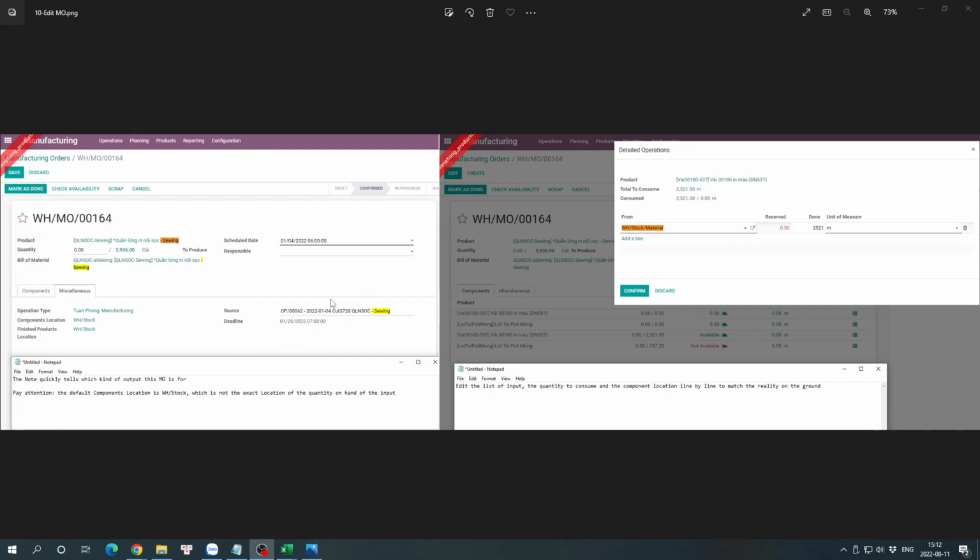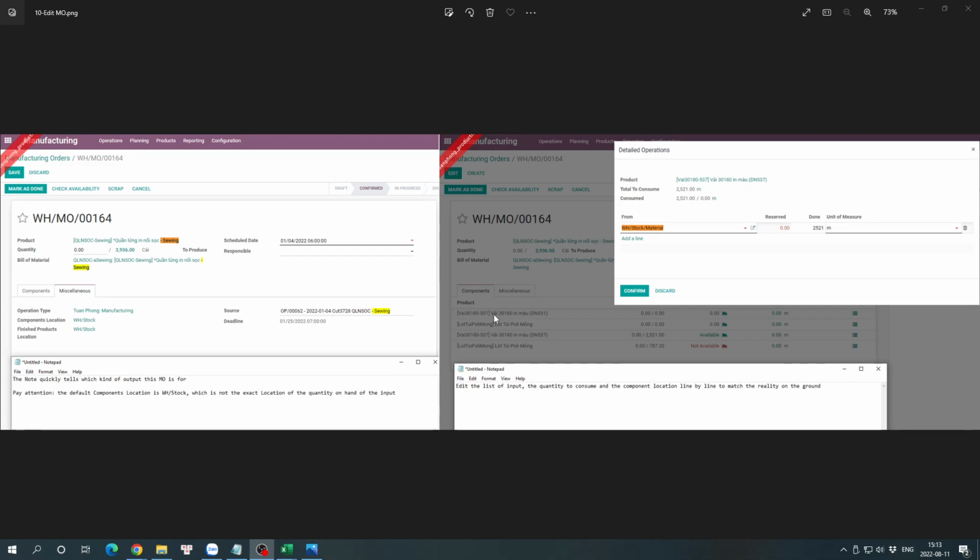This is the manufacturing order itself, and again, make sure you edit the source like this with the word sewing at the end, so you know what it's all about. It is to produce something that's ready for sewing, some work in progress as the output, and the components location, WH stock, is not where the material is located.